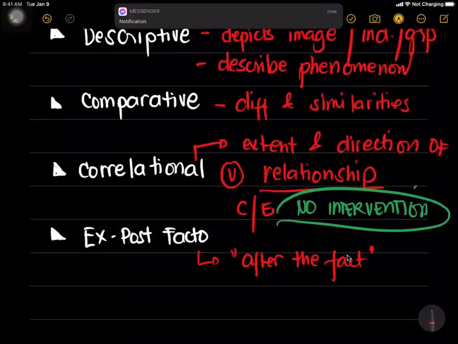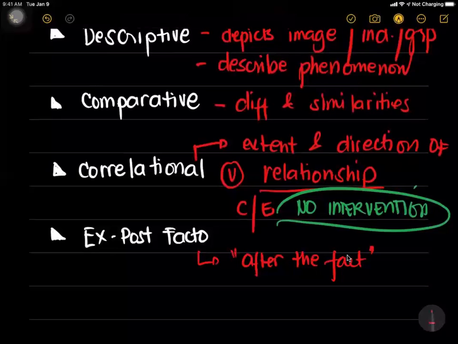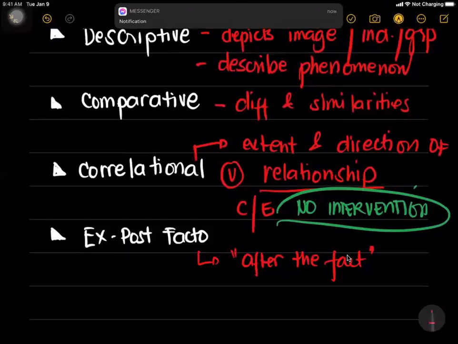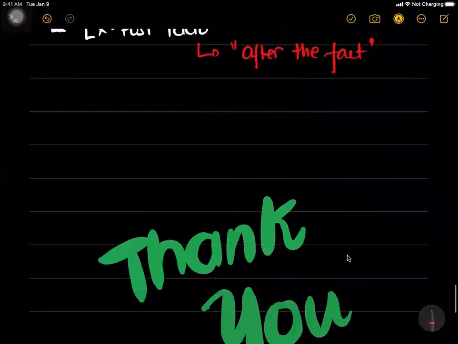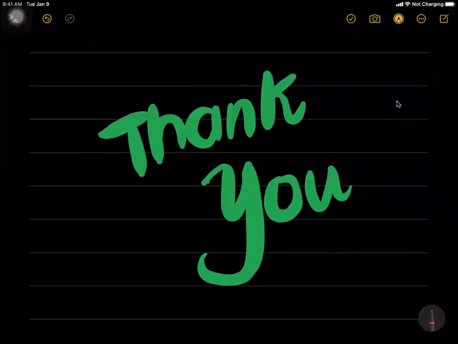Experimental is highly controlled with the presence of your intervention. Non-experimental is more on the naturalistic and less control. Your experimental can be true experimental, which randomly selects your subjects, and it could be quasi if it is non-randomly selected. And with that, thank you very much, class, and we will see each other again in our next lesson.